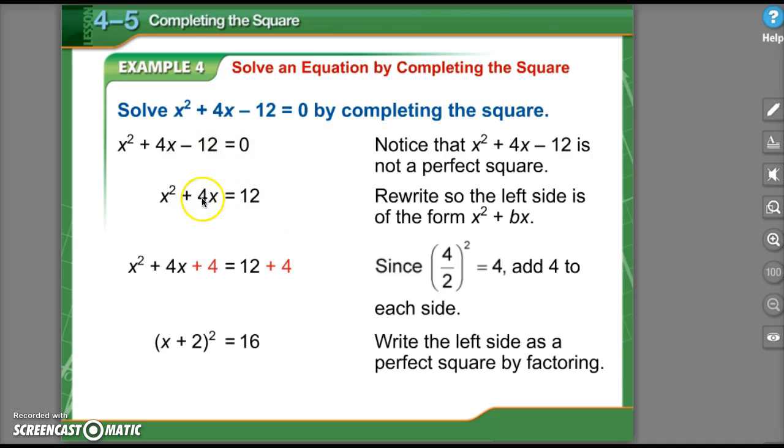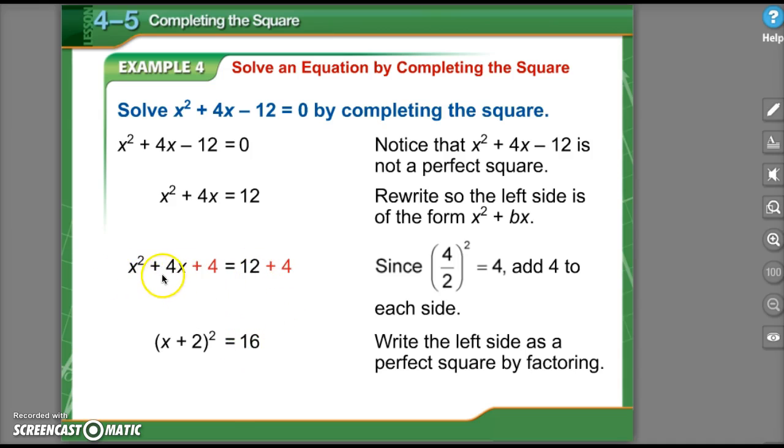Then look at the b value. B is 4, so we're going to do b over 2 and square it. B over 2, 4 over 2 is 2, 2 squared is 4. So we're going to add 4 to the left side like we did in example 3. But now, because it's an equation, we have to also add it to the right side. Whatever you do to one side, you have to do to the other side. You simplify the right side, 12 plus 4 is 16.